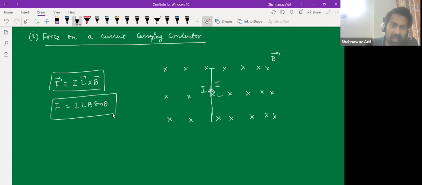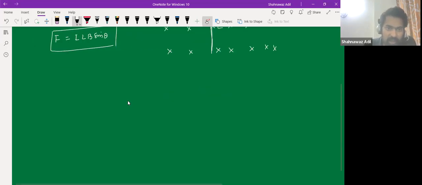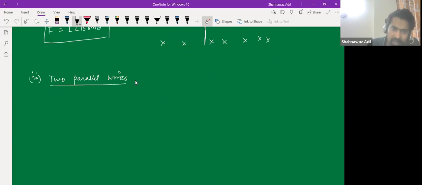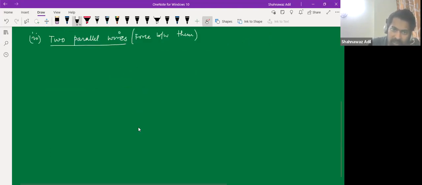Similarly, let's say we have two parallel wires, and we have to calculate the force between them.